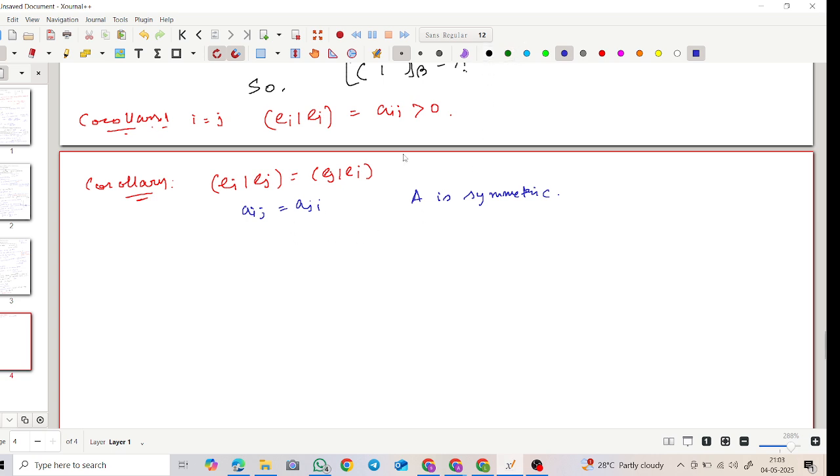So you know that a symmetric matrix, so corollary 3, determinant of A is strictly greater than 0. So from 2 you know that A is symmetric.